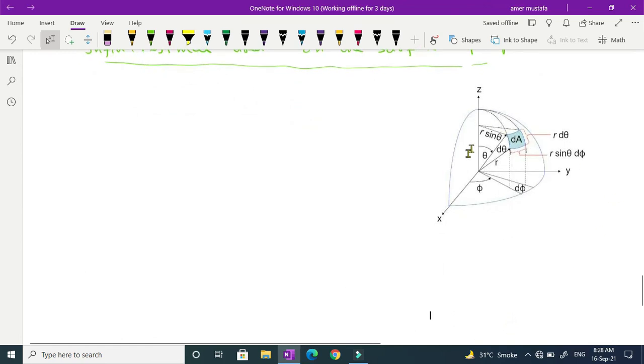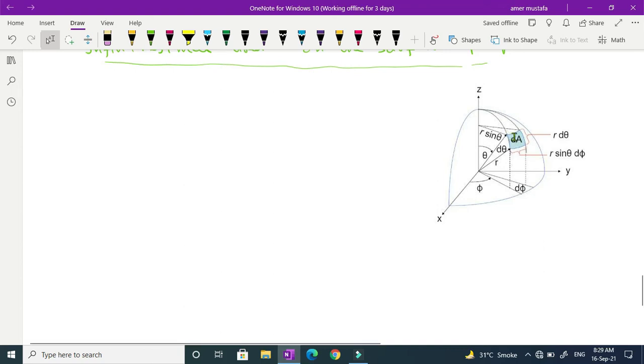Suppose this is the part of a sphere, which is the quarter sphere, which is represented here, and this area represents this small infinitesimal area on the surface of the sphere.